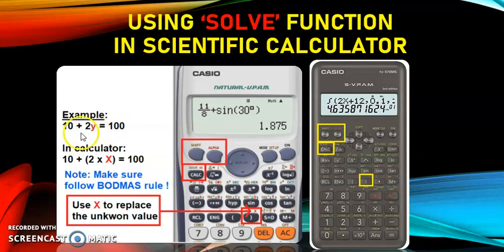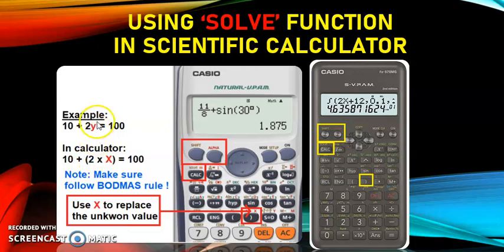Here we have an addition operation, so we must solve 2 multiplied by y first, then add 10. In the calculator, make sure you follow the BODMAS rule. For 2y, you need to open and close brackets like this. So 10 plus 2 multiplied by y.